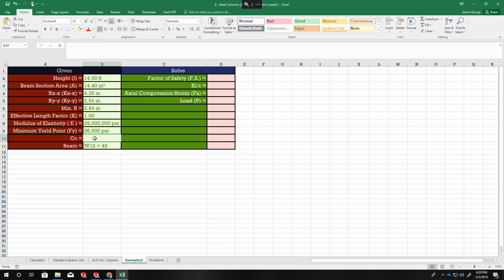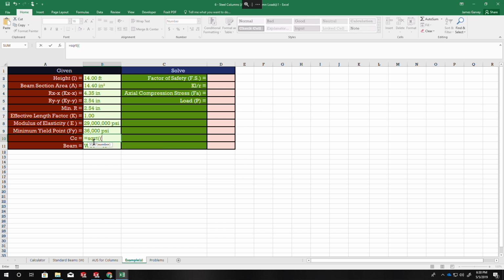And our Cc, which I've looked through the text and I can't find what that actually stands for. That equation, it's 126.1 for A36 steel, but it actually provides an equation of where that number comes from, and that's square root. So in Excel, to do square root, it's SQRT.